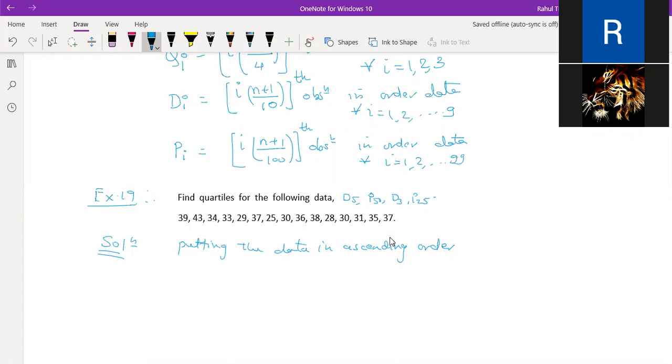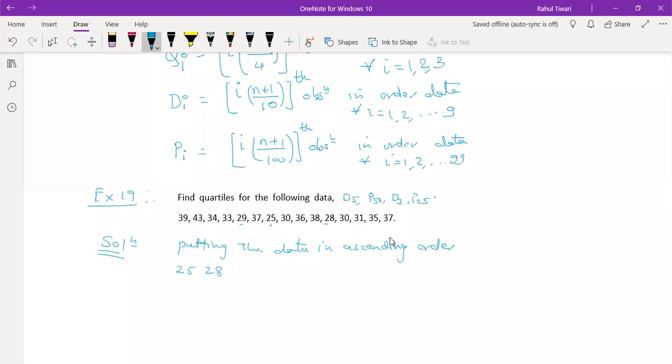The first one is 25, then 28. Then we have 29. Then 30, which is there twice, so we need to write it twice.